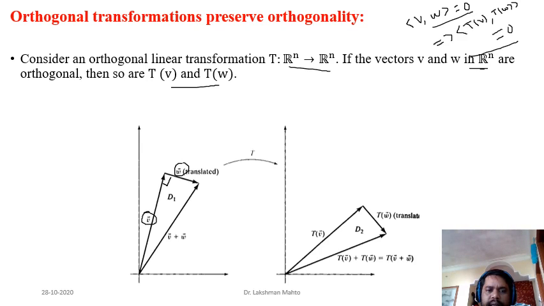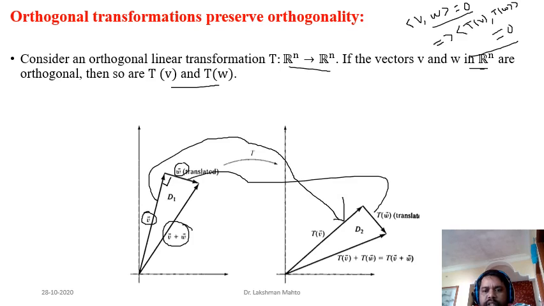From the geometry, you can observe that we have taken vectors v and w. What is the angle between v and w? It is 90 degrees, and this becomes v plus w. Under T, v has been transformed to this vector, and under T, w has been transformed to this vector.